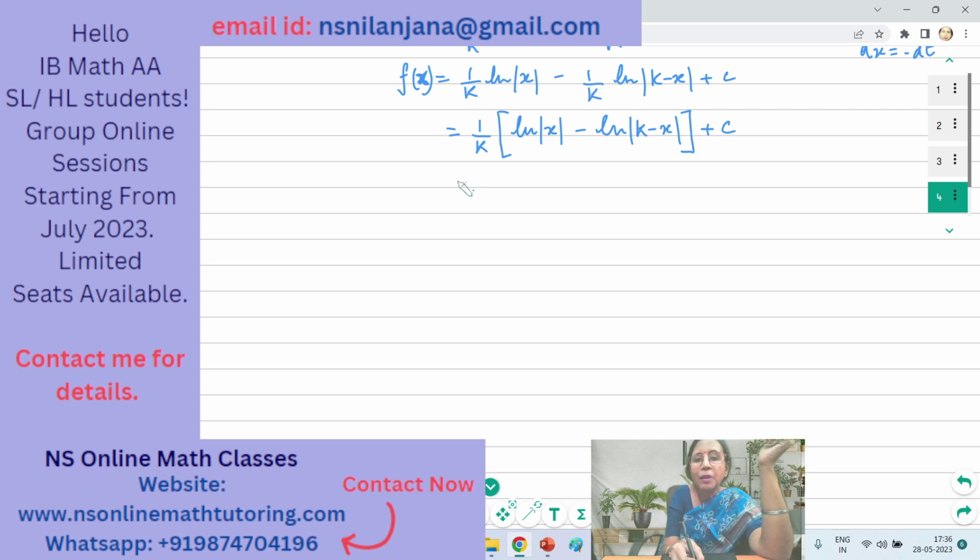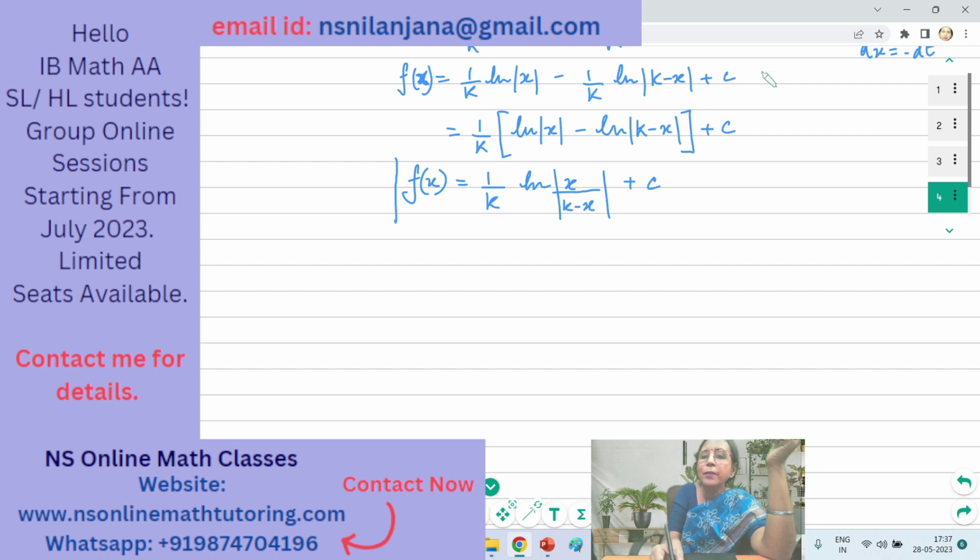We can use that property, log to base anything. So ln is nothing but log to the base e. So we can apply that property. It will be ln of x over k minus x plus c. Okay. I am giving this as my final answer, but even if you give it in this form, you will be getting full marks.